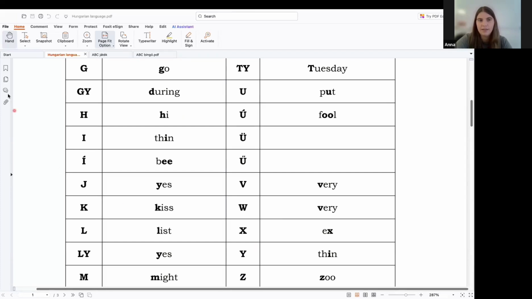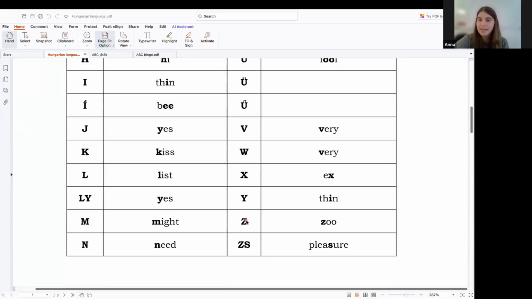For example, this is a common name. Takács is a common name, but sometimes it gets a Y at the end, so this would be Takácsi. And then the last two are the Z, as in "zoo," and zs as in "pleasure." So Z, zs.